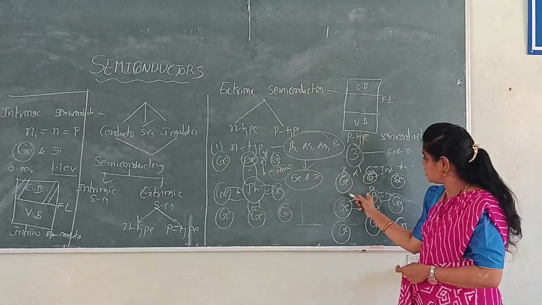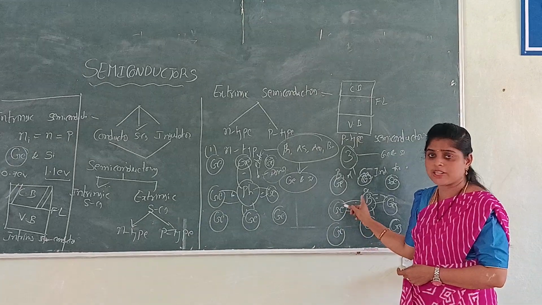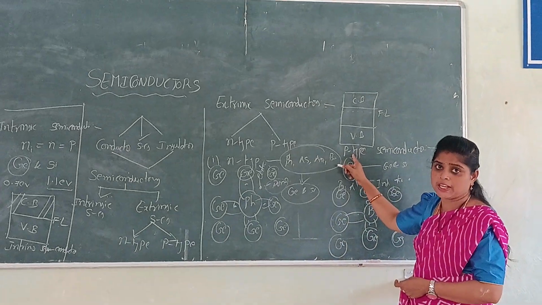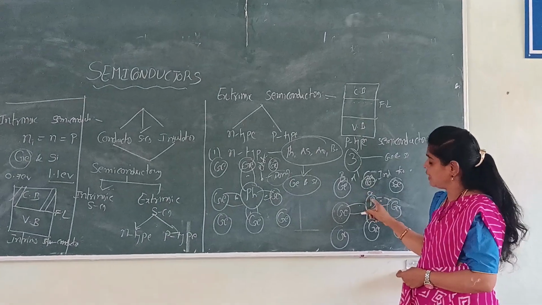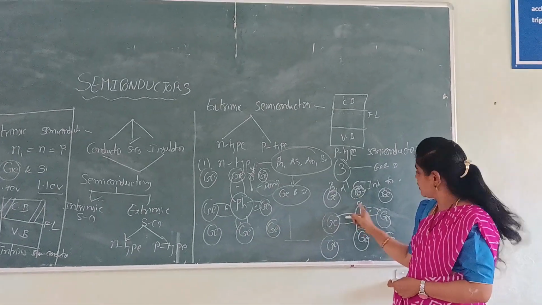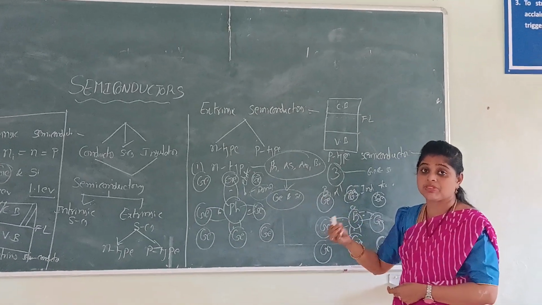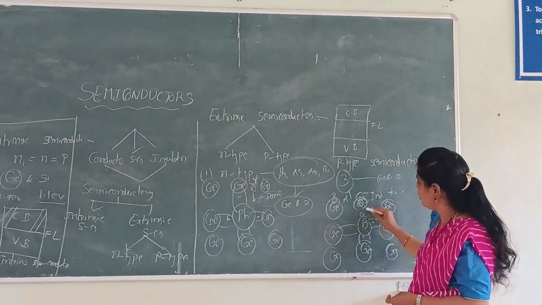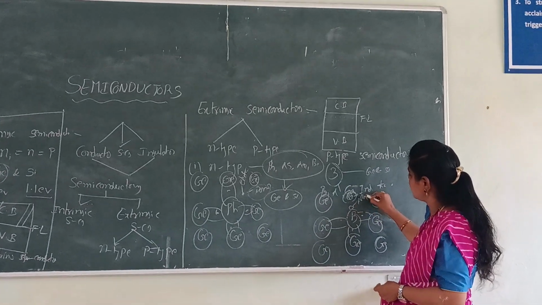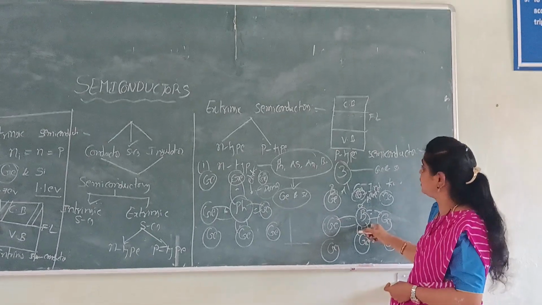The majority charge carriers are holes and minority charge carriers are electrons. The vacant electron state is called the acceptor, and the corresponding level is called the acceptor level.